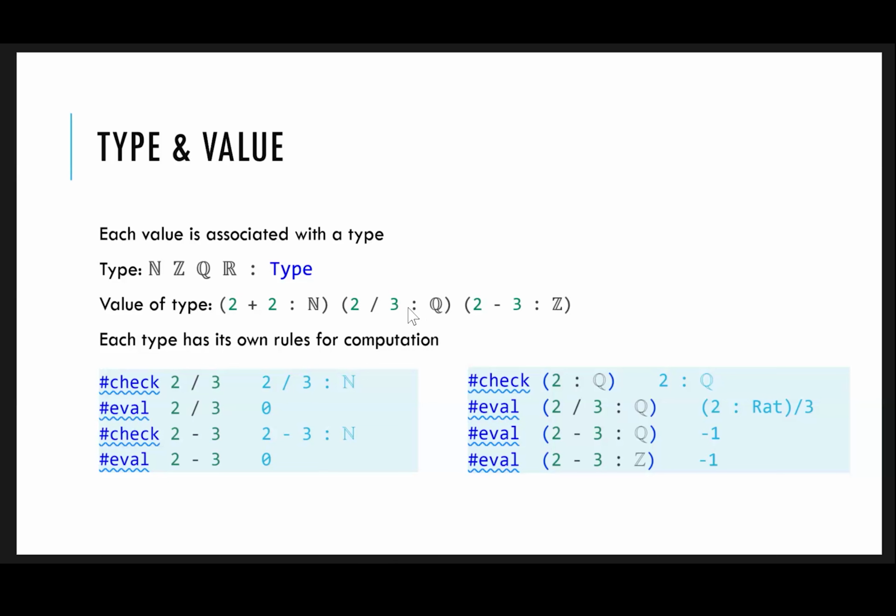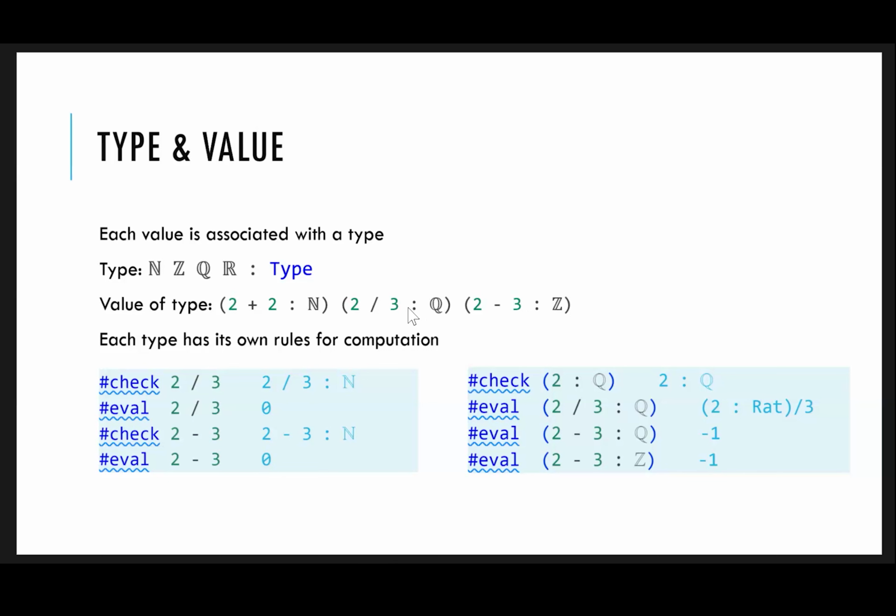For example, if we check in natural numbers, we will get some unexpected behavior. If we do the division, it will show 0, because you cannot actually do the division in natural numbers. It's similar to Python: if you type a percent sign, it will give you just the modulus.